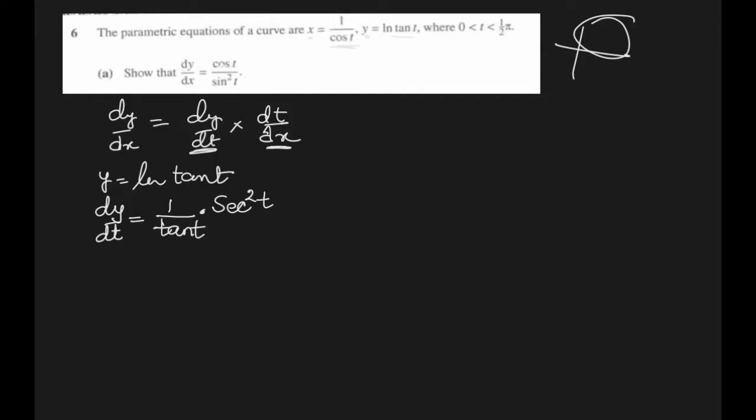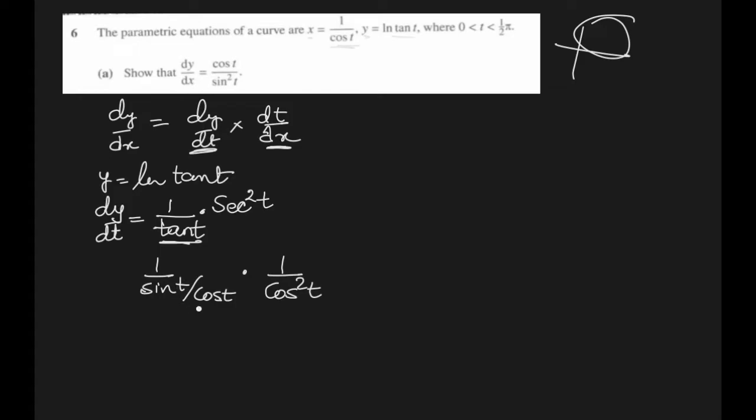Our dy over dx is in terms of cos and sine, so let's convert them to cos and sine. So 1 over tan t will be 1 over sine t over cos t, the reciprocal of this, multiplied by 1 over cos square t.